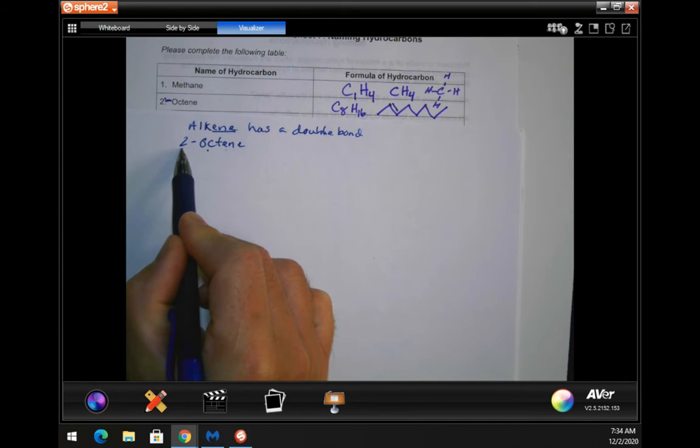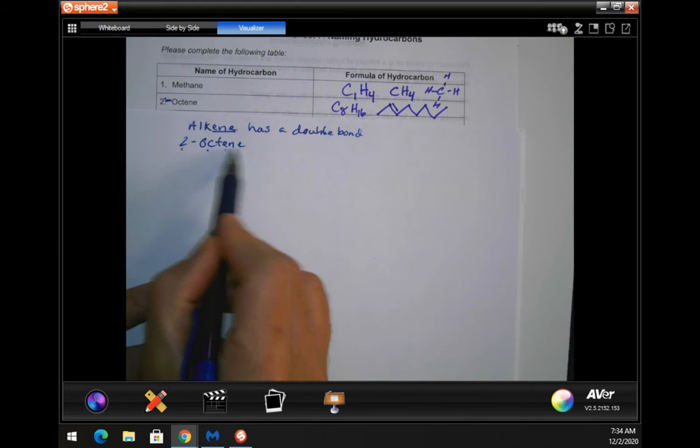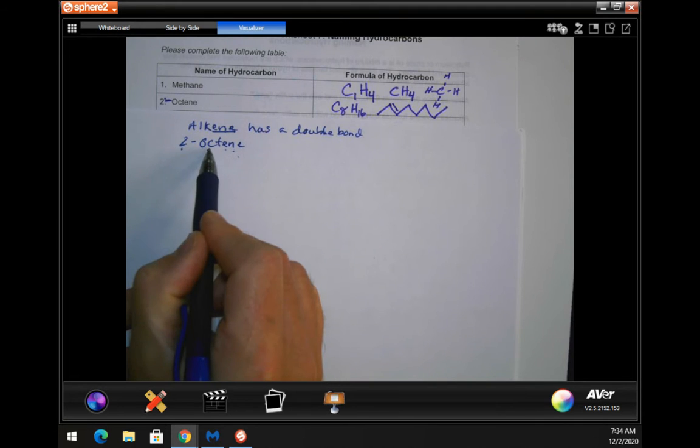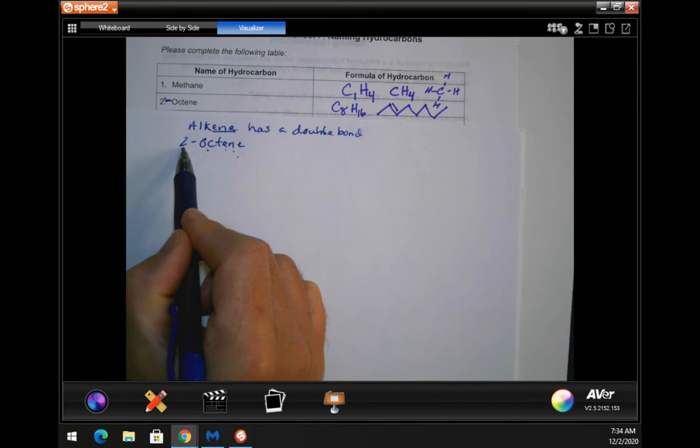Let me say that again. The suffix "ene" tells you that there's a double bond, that it's an alkene. The "oct" tells you that there's 8 carbons total, and the 2 tells you that it is on the second carbon.